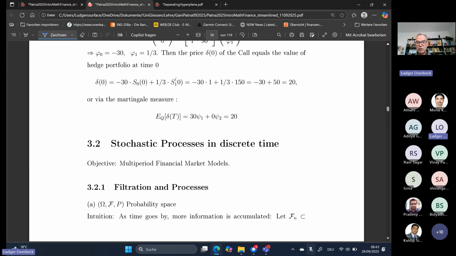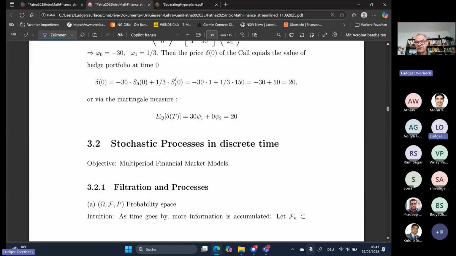Even if you have a non-complete market, in an arbitrage free market, for products which cannot be hedged, you have a price interval. But first we have to learn how we do it in an arbitrage-free market. And we will extend it to multi-period financial market models. For this, we need the theory of stochastic processes in discrete time.